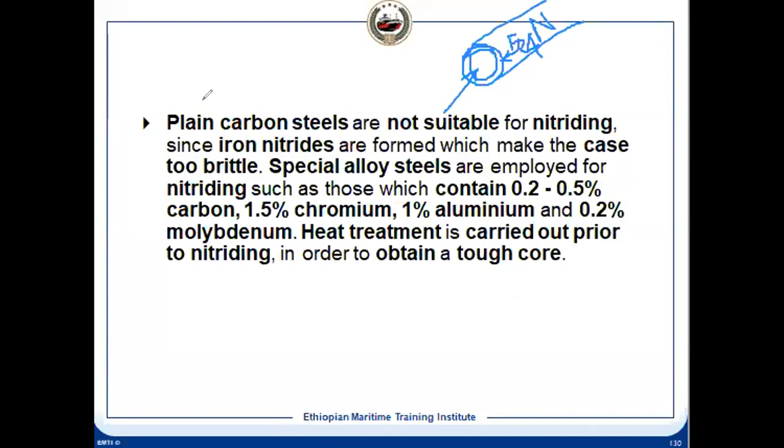But plain carbon steel, only iron and carbon, is not suitable for nitriding, because once we increase the temperature, a transformation takes place and it becomes a different structure. Nitriding is done with the alloying material, and the core is very tough while the surface is very hard, so it is very wear resistant. That is the reason we go for nitriding of the crankshaft.